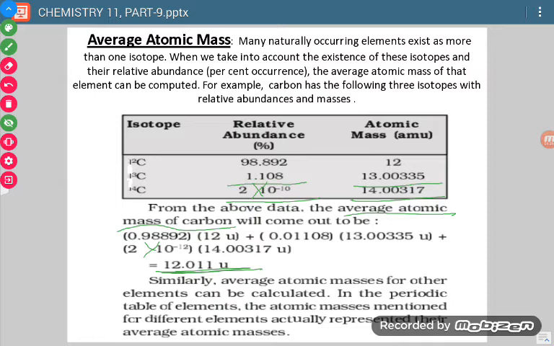This way we can calculate the average atomic mass. Many elements exist in isotopic forms, so we always calculate average atomic mass. We multiply the atomic mass of a particular form with the percentage of its abundance, and then add all. When we add, we get the average atomic mass.